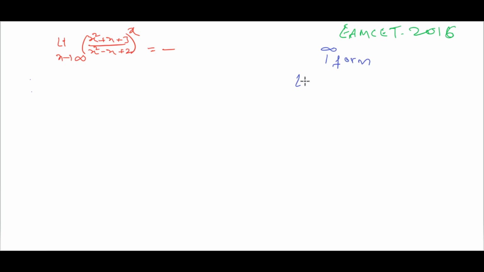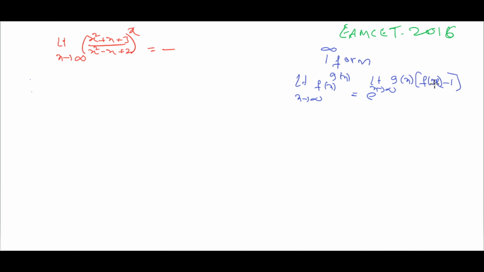So if limit x tends to infinity, f of x whole to the power of g of x, this is written as e to the power of limit x tends to infinity, g of x into f of x minus 1.